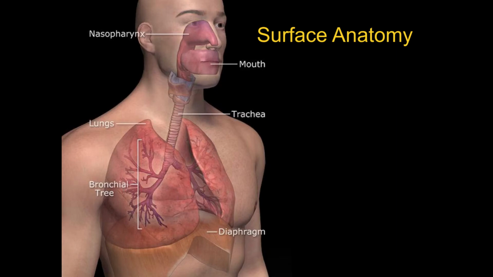So we see from the mouth, the nasopharynx, then you see the windpipe or trachea, which will split into two major bronchi, which will split and split further inside the lungs into the bronchioles or the bronchial tree, which will continue to branch into smaller microscopic structures known as the alveoli.